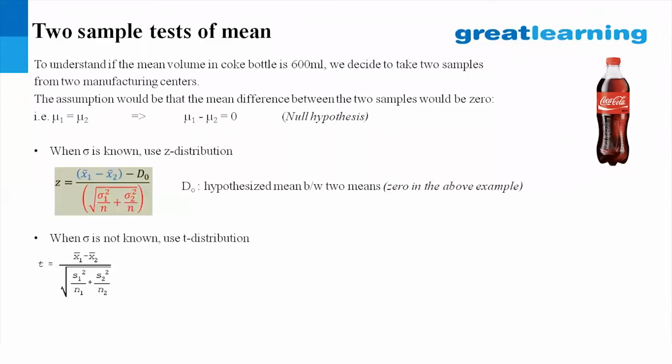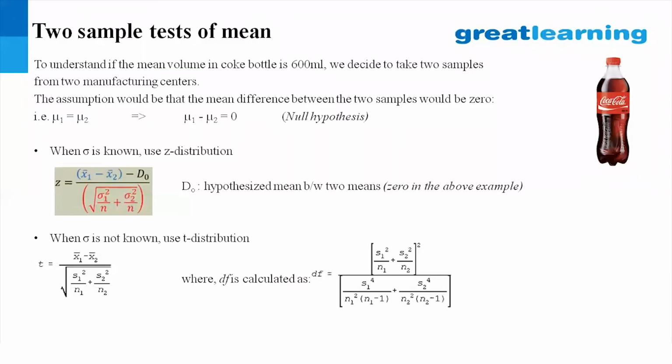Also, one more thing, when you're doing a two sample test, so when you're doing a t-test, the degrees of freedom, like we saw for one sample, are significant. One way to calculate the degrees of freedom is by this complex formula.